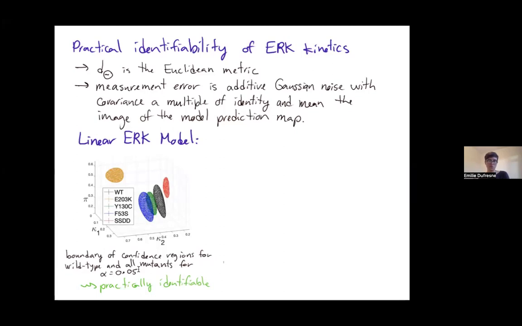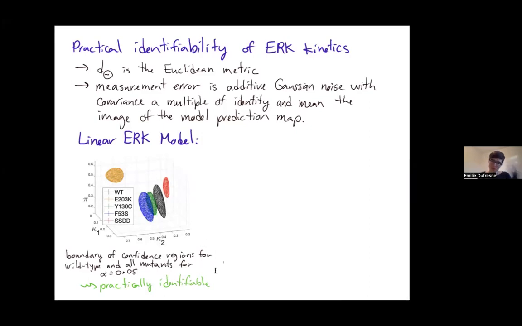And that boundary is the pre-image of some circle, a pre-image of a sphere in data space, how it is deformed like this. And the thing to observe, I look at this and I can tell you, it is practically identifiable because all of these potatoes are bounded.